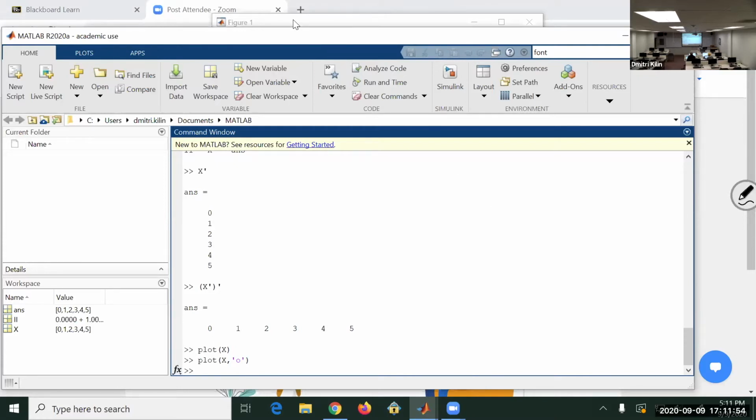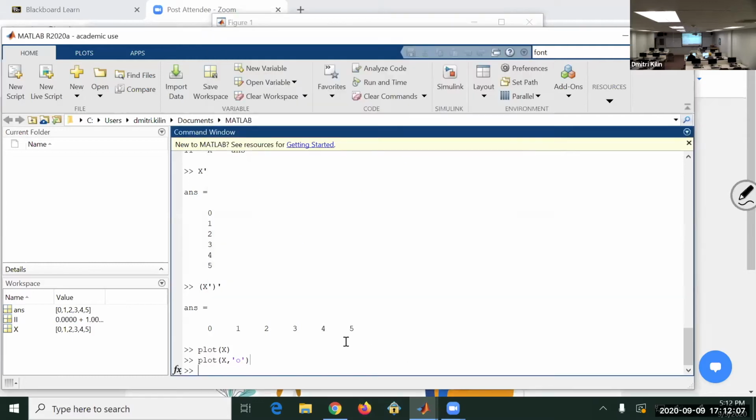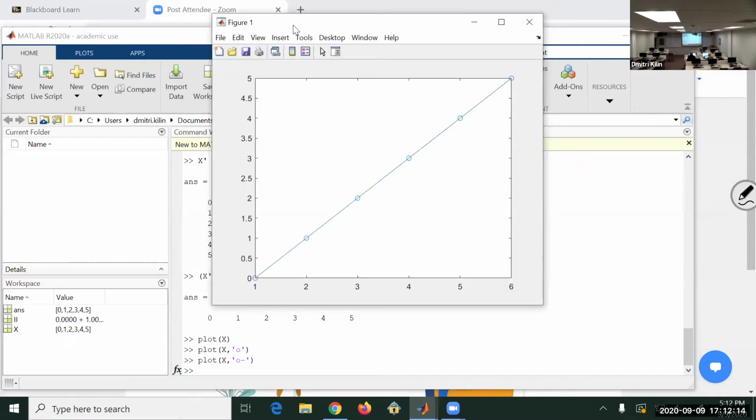What do you get? Just describe it in words. Okay. So it's just a graphical representation of data points, right? Or one can do both circles and lines if you need to represent them, right?